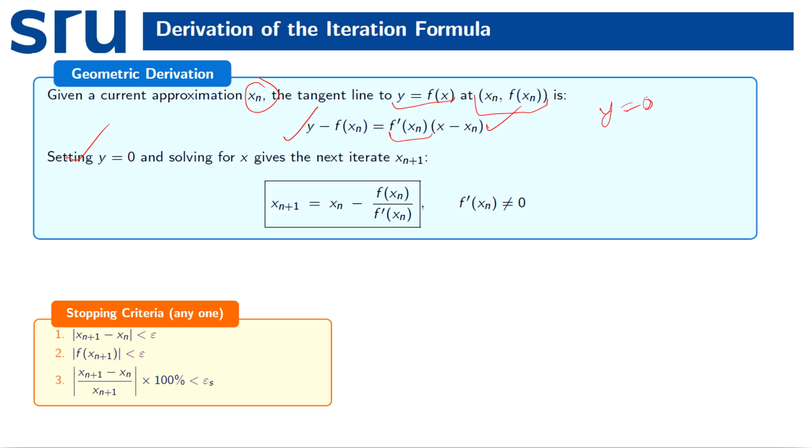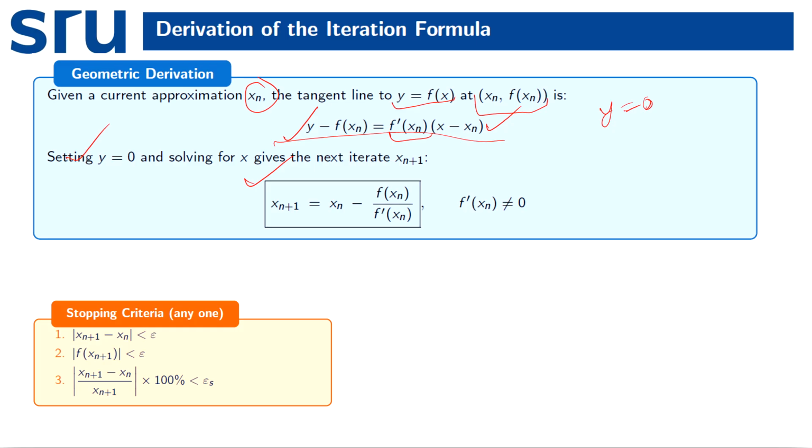So we simply put y equal to 0 in this equation, and when we substitute, we get this formula: x(n+1) equal to xn minus f(xn) upon f prime(xn). Therefore, the next approximation is x(n+1).